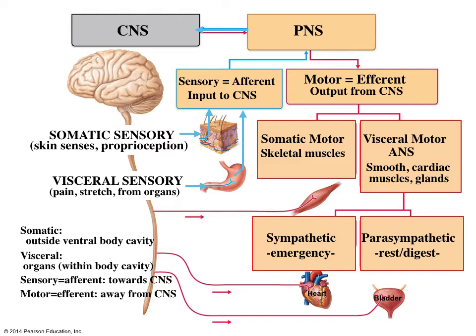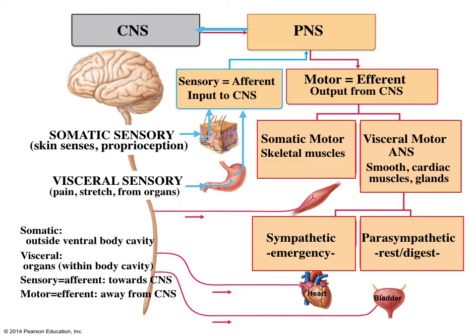Somatic motor skeletal muscles. Therefore, these are muscles that we can control. Whereas visceral motor effectors are effectors that we cannot control at the conscious level. Those would be smooth muscles, cardiac muscles, and glands.